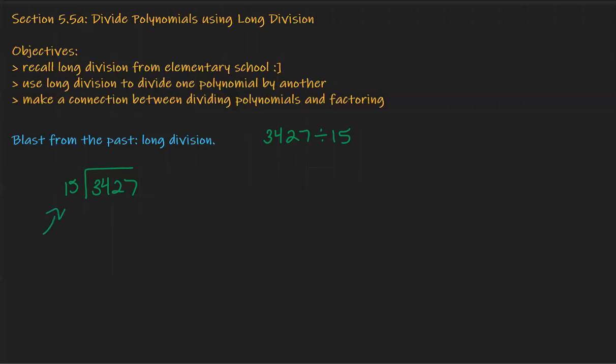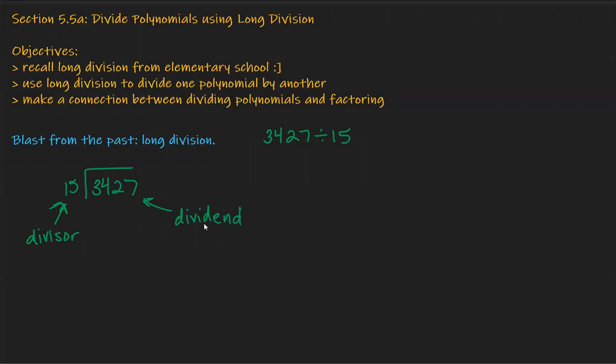Just to remember a few vocabulary terms, they're going to help us when we apply them to polynomial long division. This 15, since it's what you're dividing by, is called your divisor. This 3,427 is what you are dividing into. That's called your dividend.